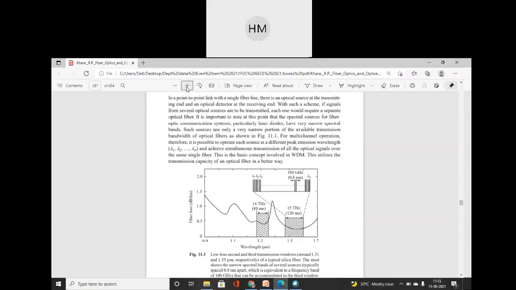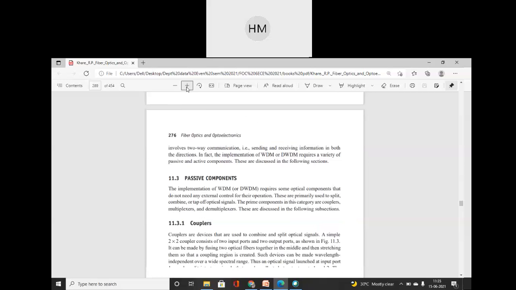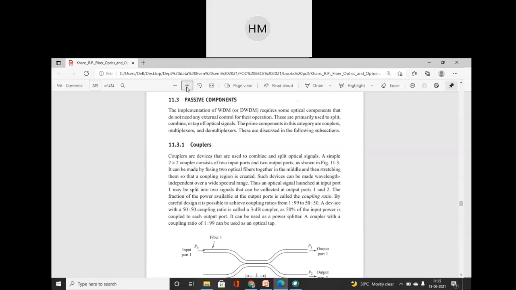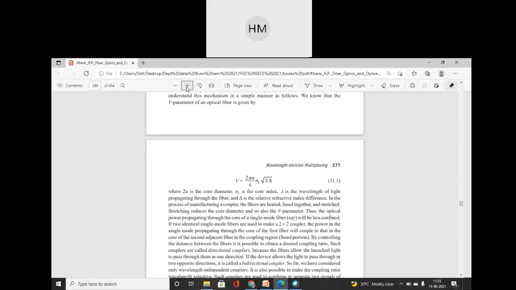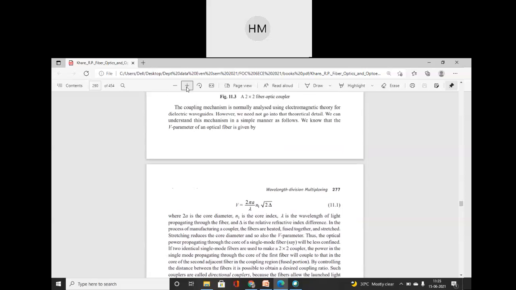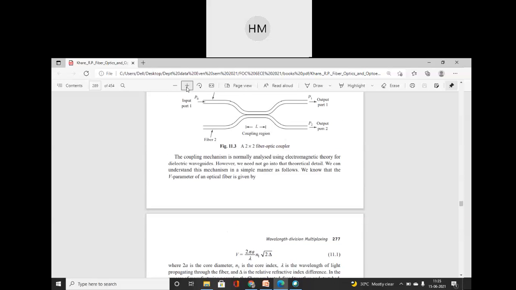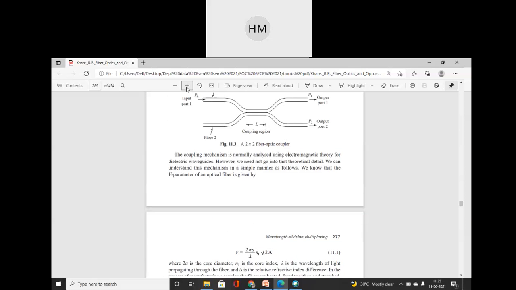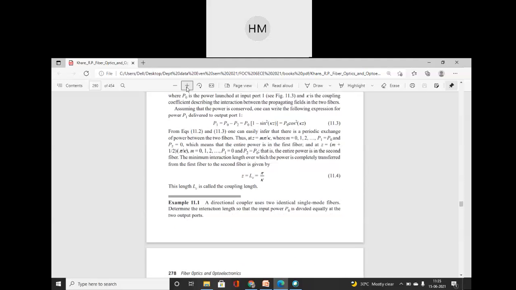Here the concepts of WDM and DWDM are shown, that we will see later on. These are the passive components, coupler, and these are required for development of WDM systems. Okay? We have read all this. I am just telling you that all these things, the presentation which I am preparing, are from standard books only.